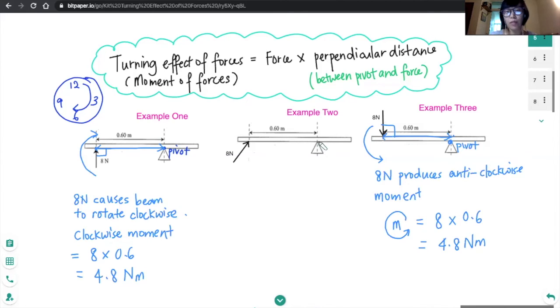First, we always have to see where the pivot is. Same place. Just imagine if you were to push in this direction, this 8 Newton, how would the beam be rotating? It will also rotate somewhat like this. So therefore, it will also produce a clockwise moment.